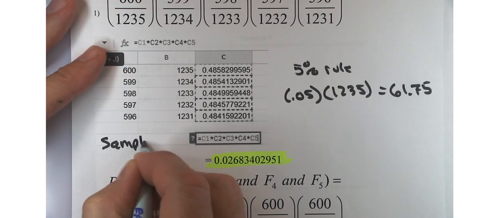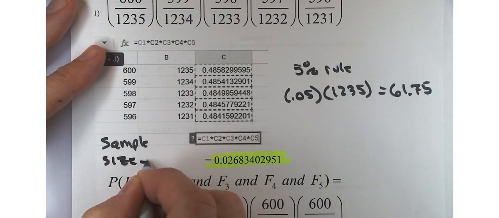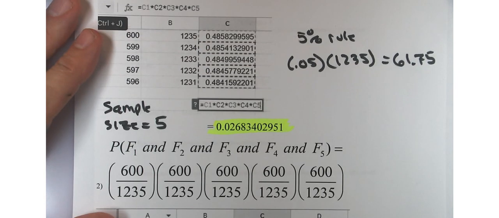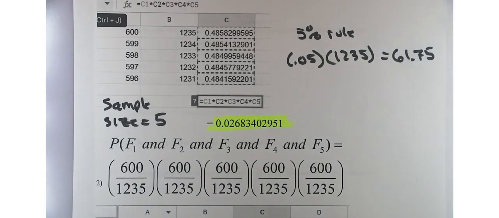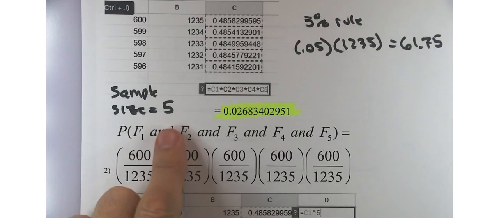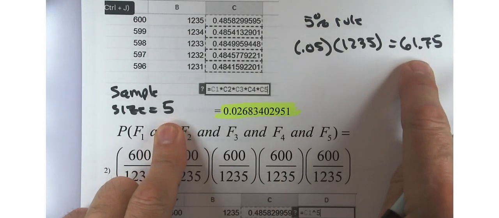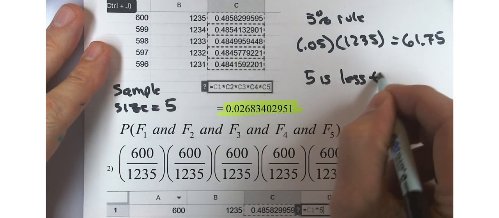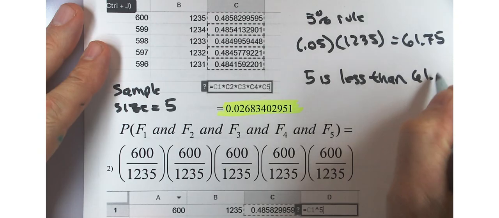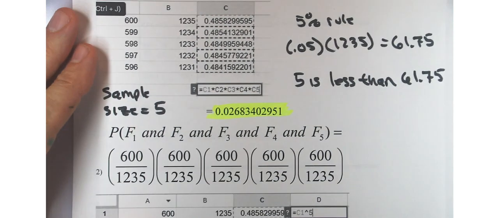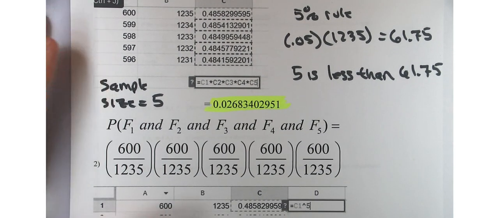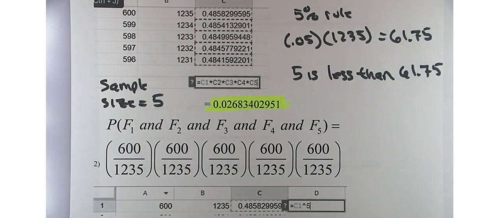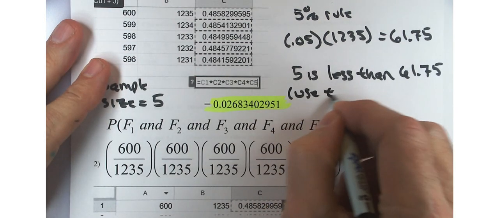Yeah, somebody over there said it. Thank you. Our sample size is 5. We're only taking 5 people out of that population. That sample size is less than this. So 5 is less than 61.75. So we can use the 5% rule.